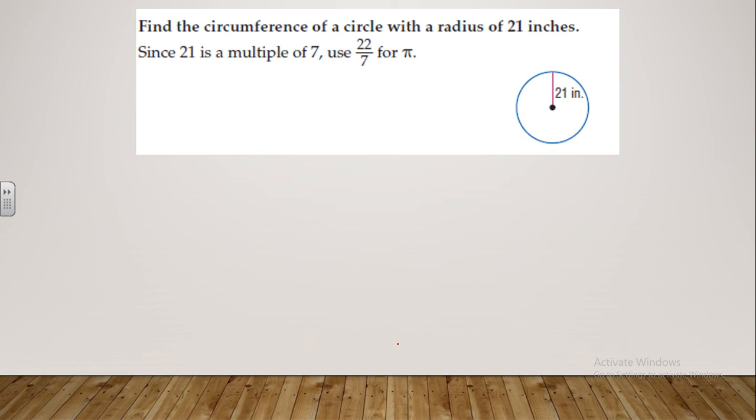Let's see the next one. Here he wants you to find the circumference of a circle with a radius of 21. So he tells you that the radius is 21. And he wants you to use the pi that is 22/7. So in the other question the pi was 3.14, but here the pi is 22/7.